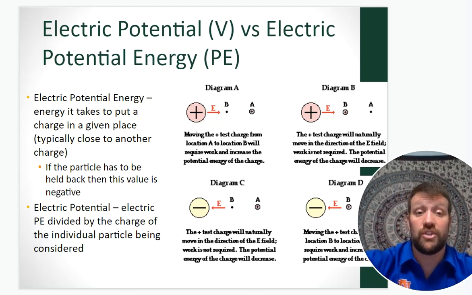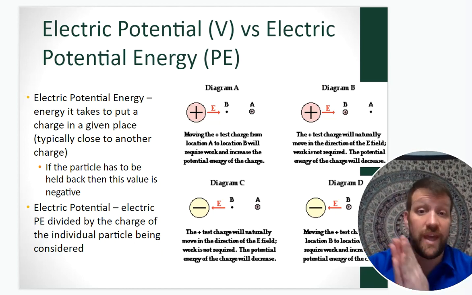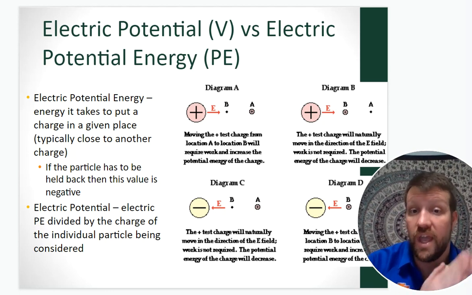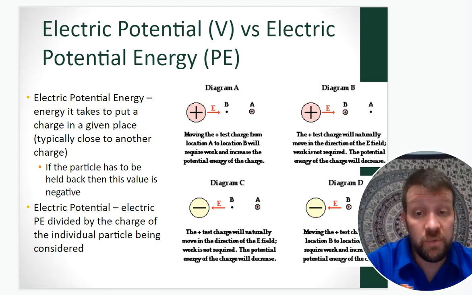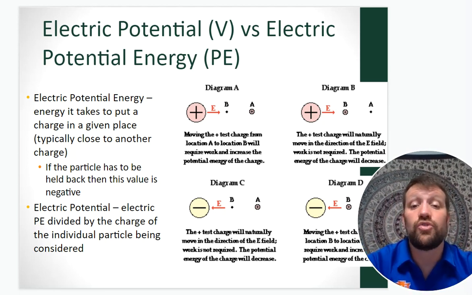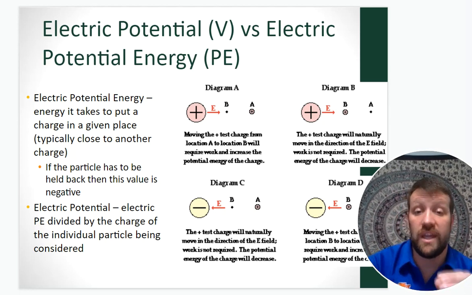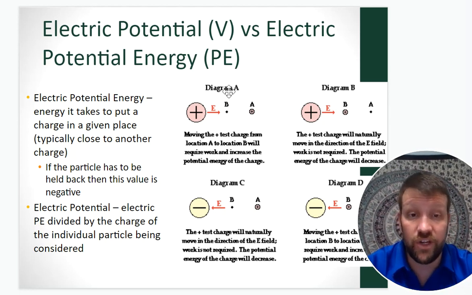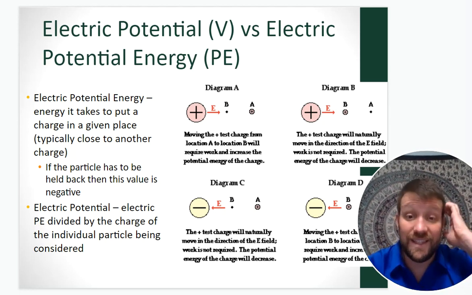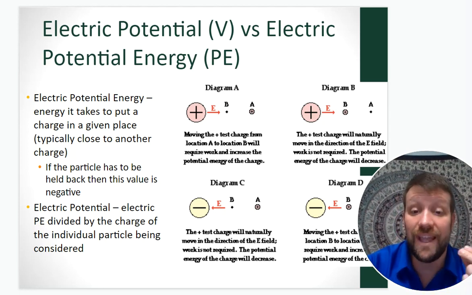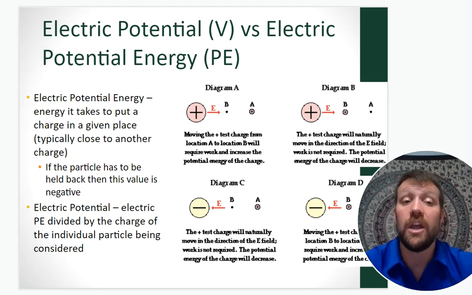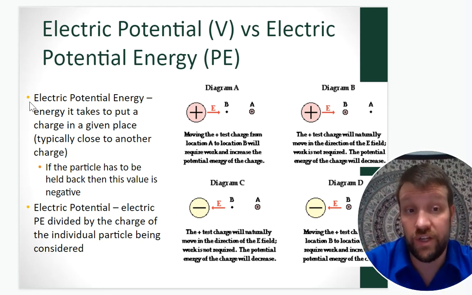The thing I do want to make sure to mention is the difference between electric potential, which is voltage, and the electric potential energy, PE, because those do sound a lot alike and we don't want to get those confused. Electric potential energy is the energy it takes to put a charge in a given place. This is like an object being at a specific location, very similar to our gravitational potential energy.